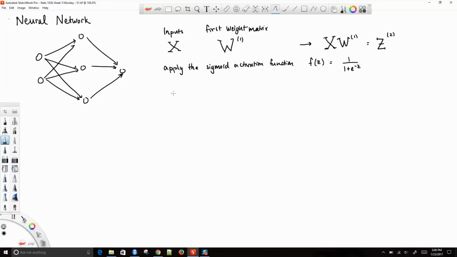And we're going to define the results of applying the activation function as what happens after we take our Z matrix and apply F to it. Then we take A2 and multiply it by our second weight matrix.